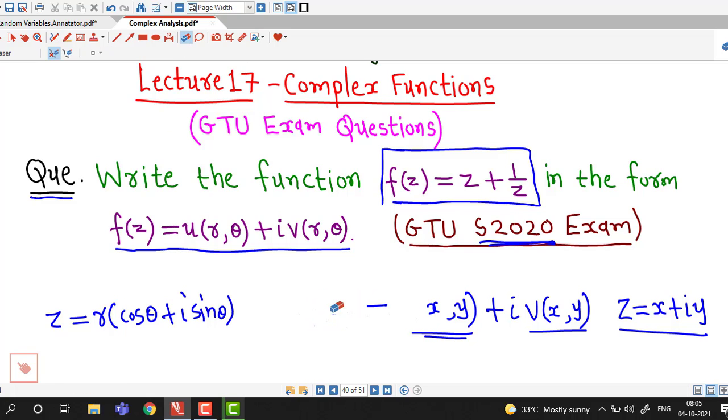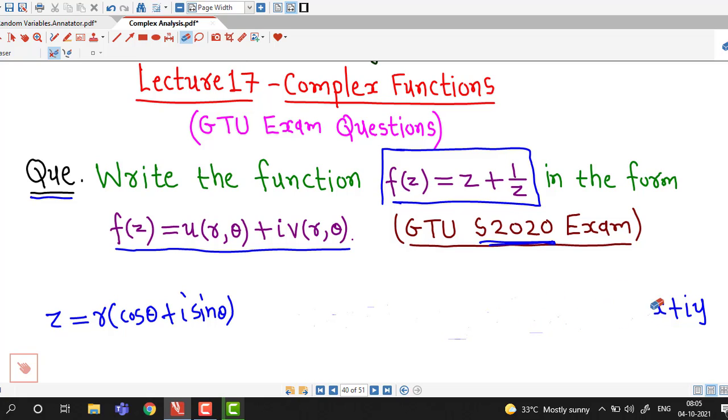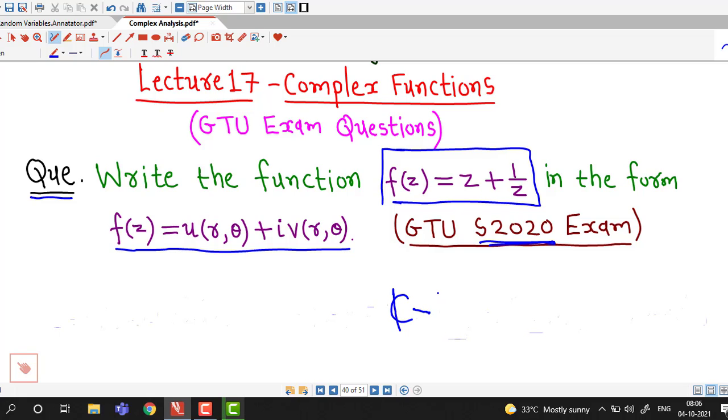So we will use polar coordinates and our function is z plus 1 by z. We know that 1 by z is undefined at z equal to 0. So the domain of function f of z is the set of all complex numbers minus 0. So our points in the domain are non-zero complex numbers.